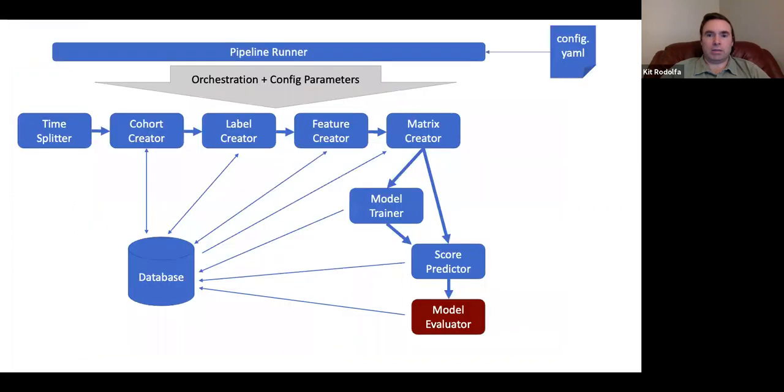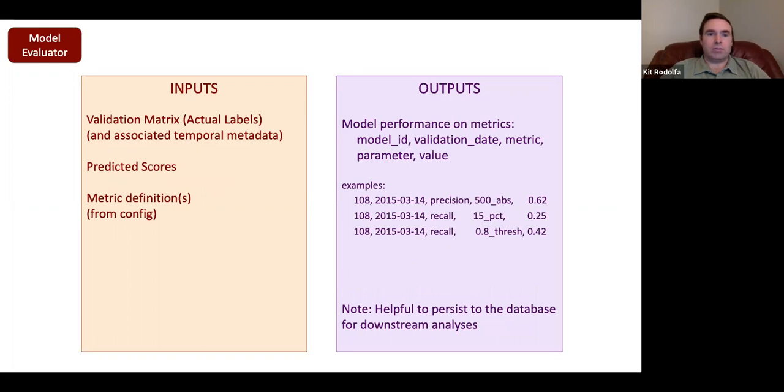And then the last bit, right, once we have our scores and our validation actual labels, we just want to do some evaluation. So here we need our validation matrix, really just to get the labels and the associated metadata, the predicted scores from the model as applied to the validation matrix.